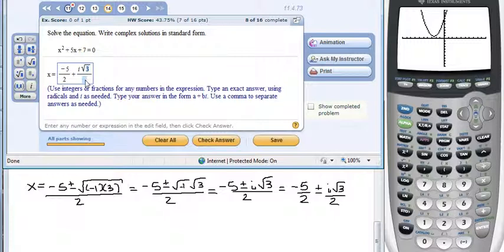This is going to be really messy, over 2, comma. And then I have a fraction. So I got to get both of the positive and negative values in there. Then I got a -5 over 2 minus, then I have another fraction, and I've got i roots of 3 over 2.